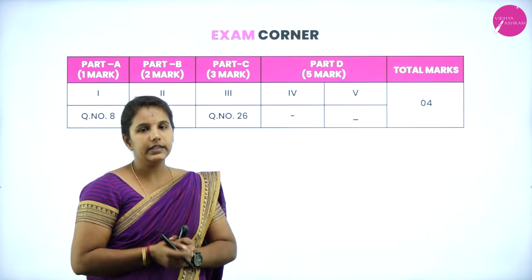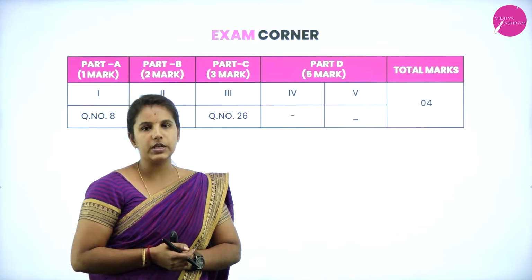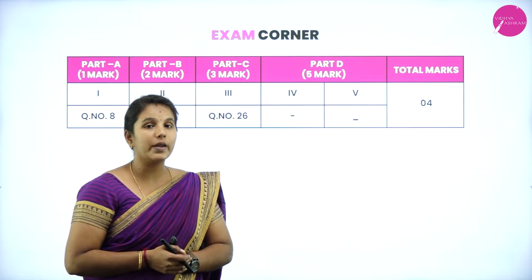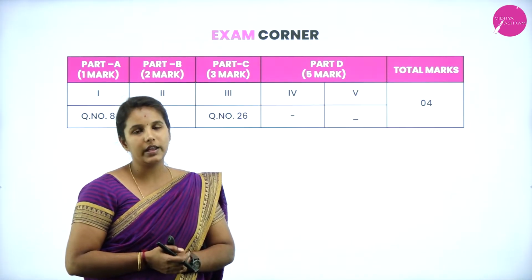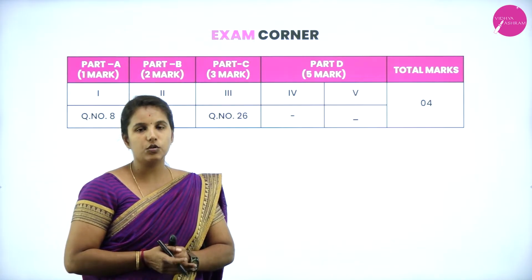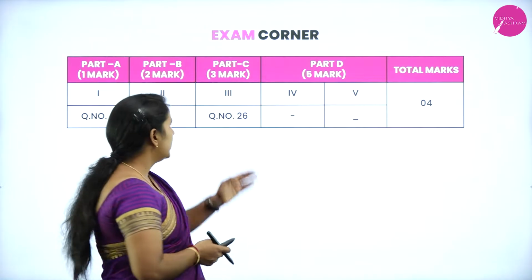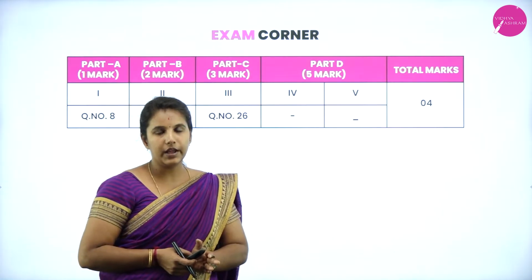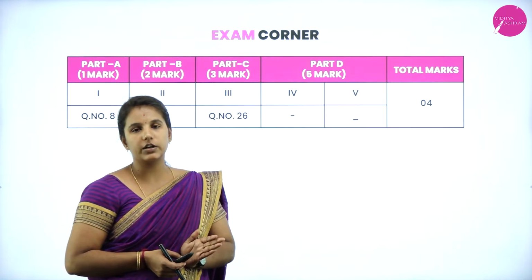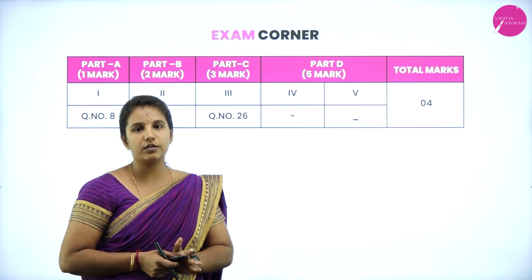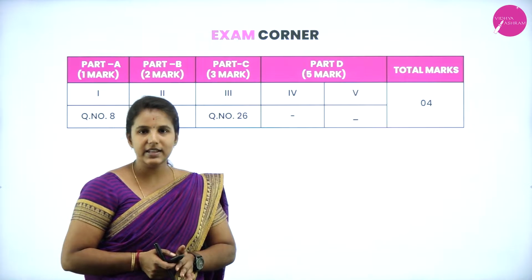Hope you know that this is inorganic chemistry, and in Part C we can expect questions from inorganic chemistry only. There will be no 5-mark question at all, and directly we can expect only the 3-mark and 2-mark questions from this inorganic chemistry.